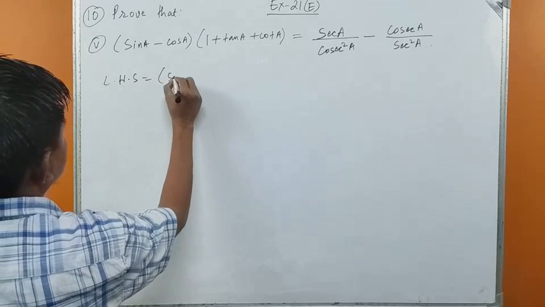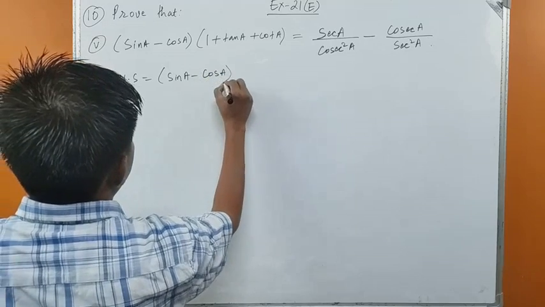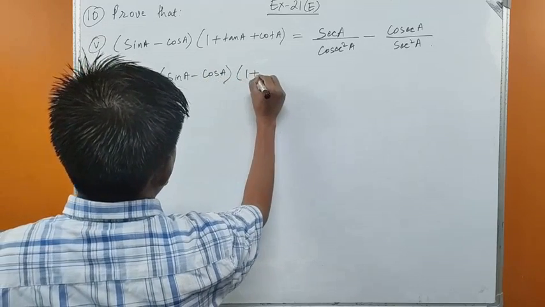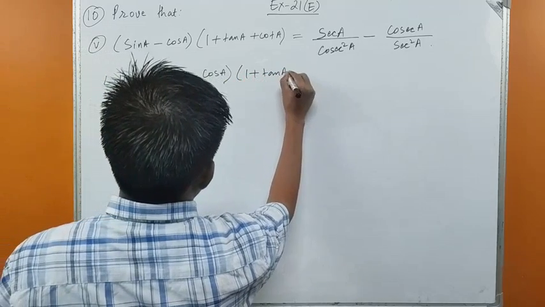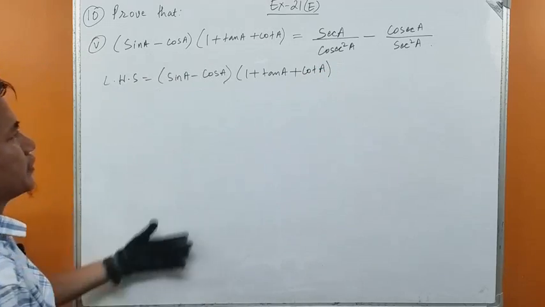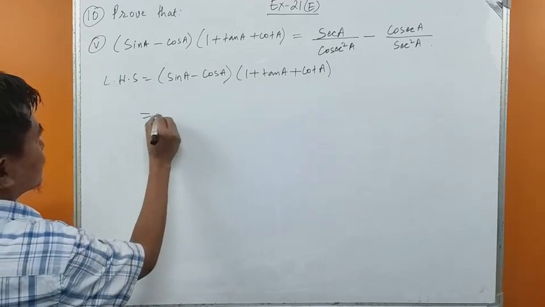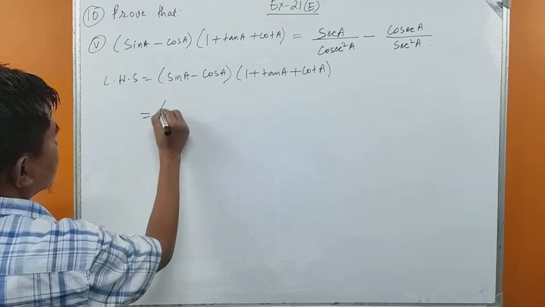equals to sin A minus cos A into 1 plus tan A plus cot A, isn't it? This is what we have in the left hand side. We are asked to prove this equals to this. So let's copy this as it is, okay?